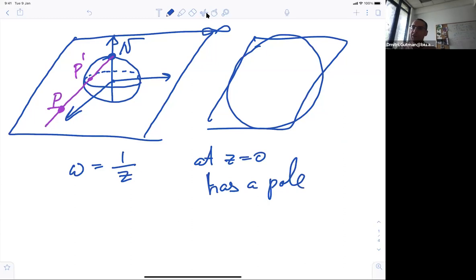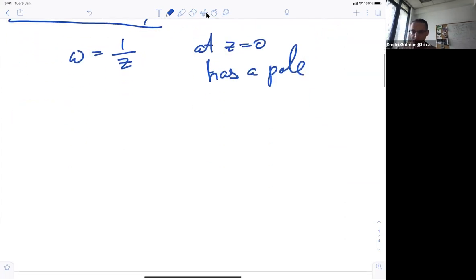However, if the same transformation is studied on the Riemann sphere, then all points are absolutely analytic on the Riemann sphere. And this transformation actually rotates the Riemann sphere by 180 degrees around the x-axis. So that was a quick reminder of what we did last time.